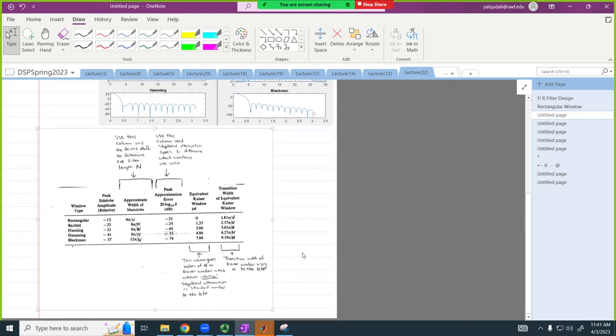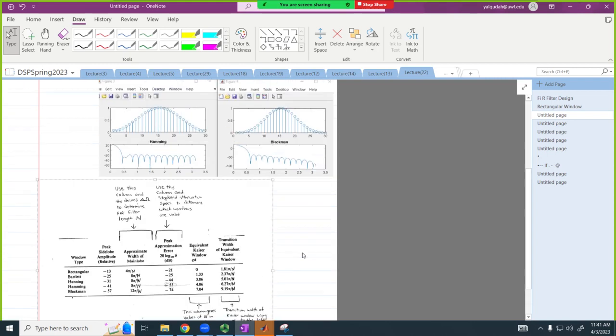So how much is the peak side lobe amplitude? A rectangular is negative 13, Hamming negative 31, negative 41, negative 57. And how much is the width of the main lobe? And how much is the peak approximation error, in dB, in the resulting filter? Negative 21, negative 25, negative 52, negative 74. And we'll see what this means in a minute.